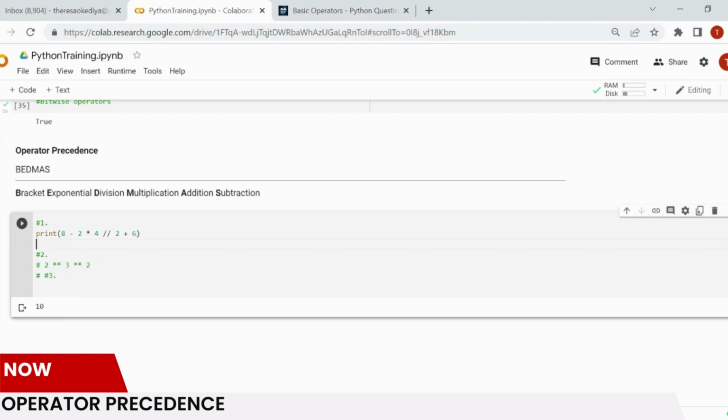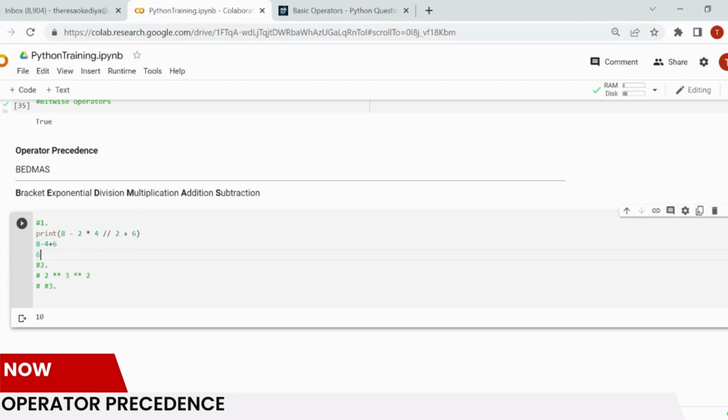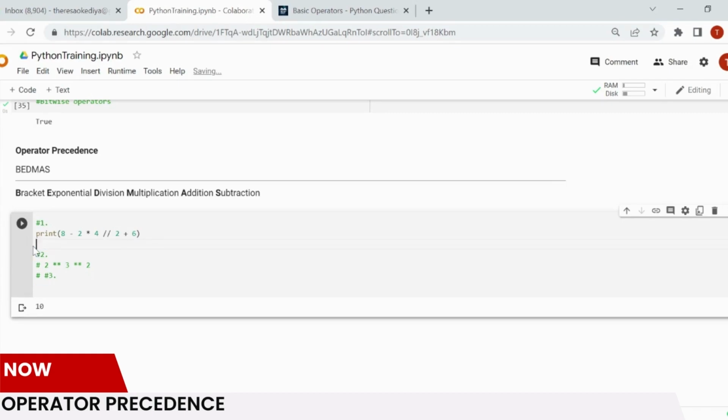Plus and minus are on the same level. So let's see. 8 minus 4, that's 4. 4 plus 6, and that's 10. So that's how it evaluated to 10. Okay, I hope that is straightforward.